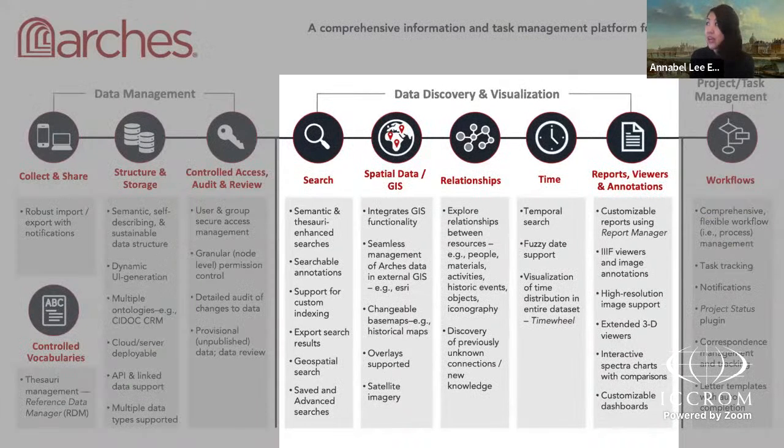Under data discovery and visualization, Arches comes with the ability to search your data, whether that's geospatially, semantically, temporally, or by relationships. And it also gives you the ability to view that data, whether it's on a map, via relationship graph, via time wheel, or via IIIF and 3D viewers, among many other ways.